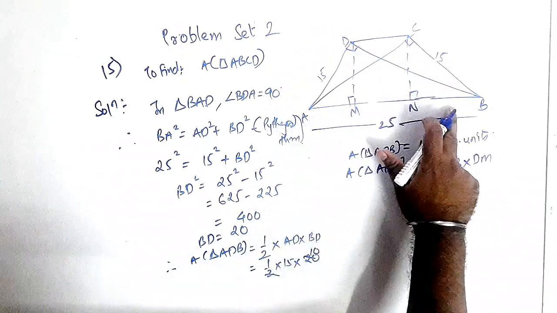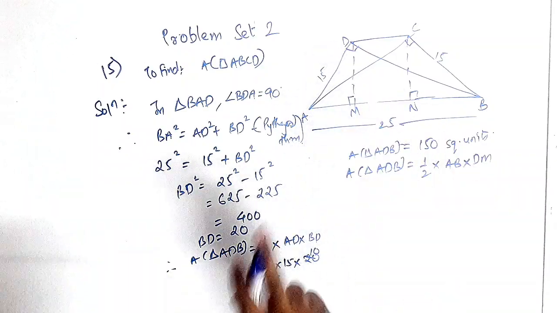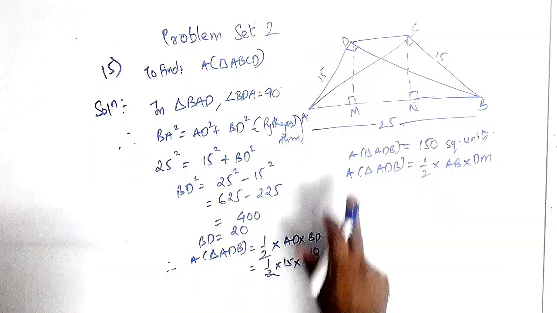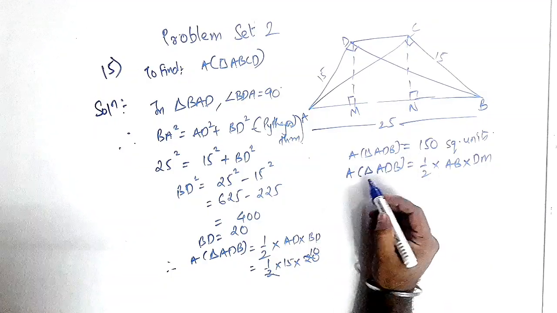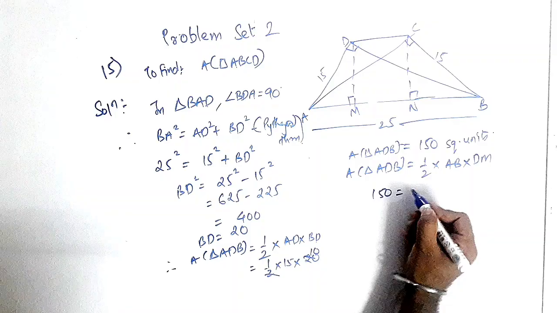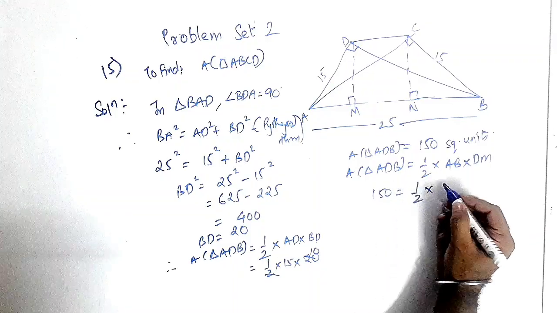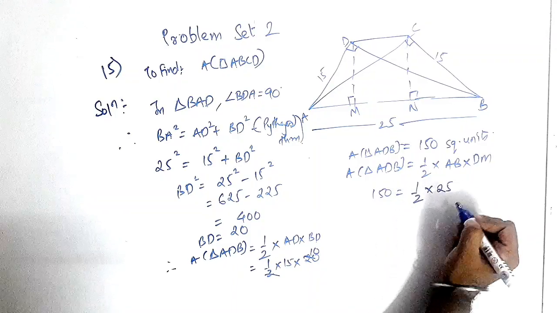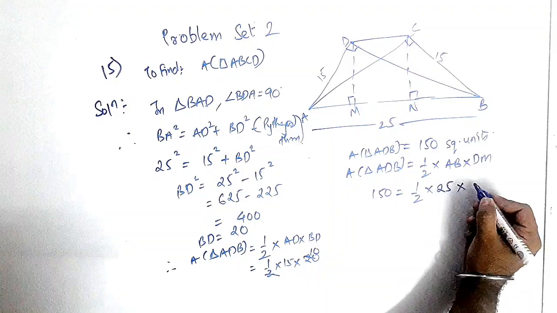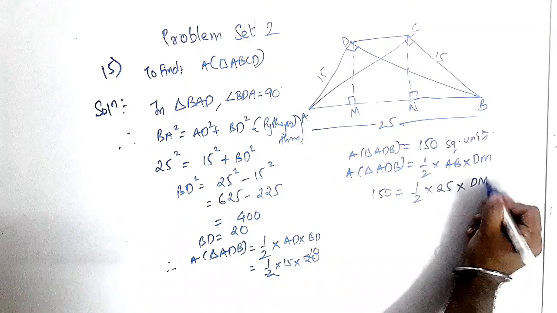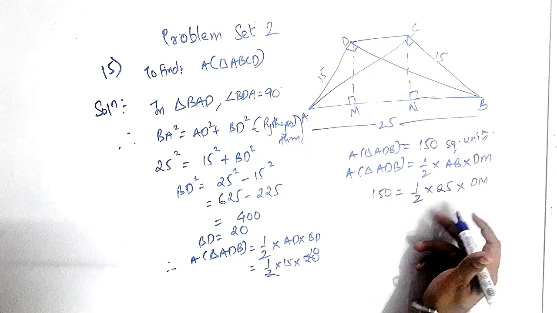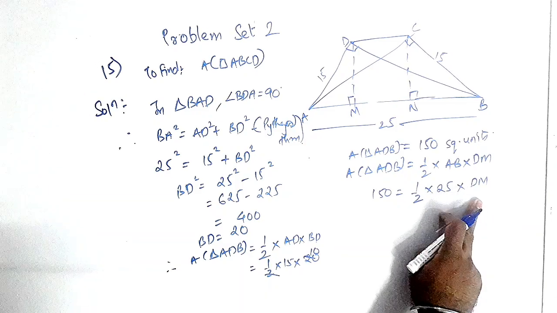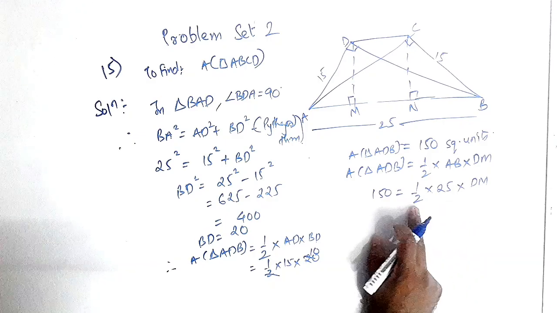Taking this as base, this becomes the height. However, in both cases, area will remain the same. Okay, 150. So I can substitute the value here, 150 equals half into AB. AB is 25 and DM we don't know. Okay, so this will help us in finding the height.